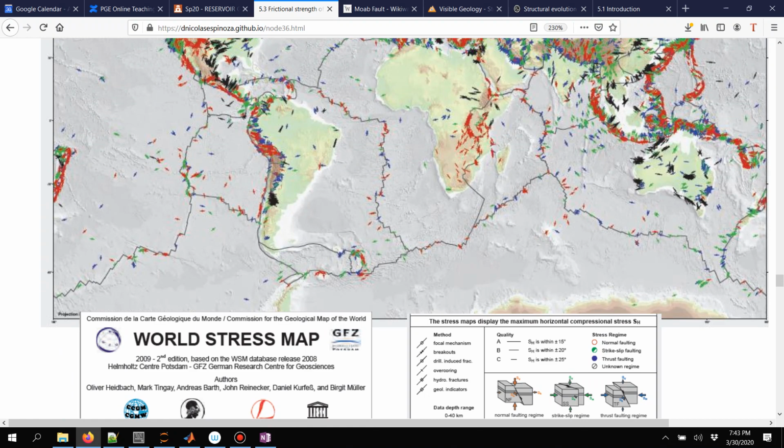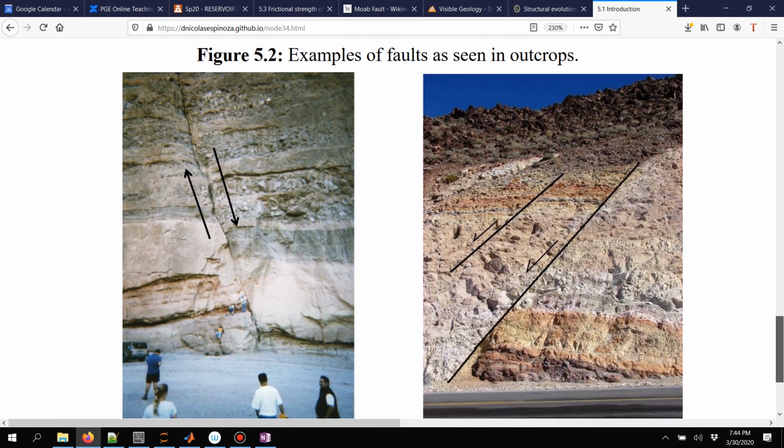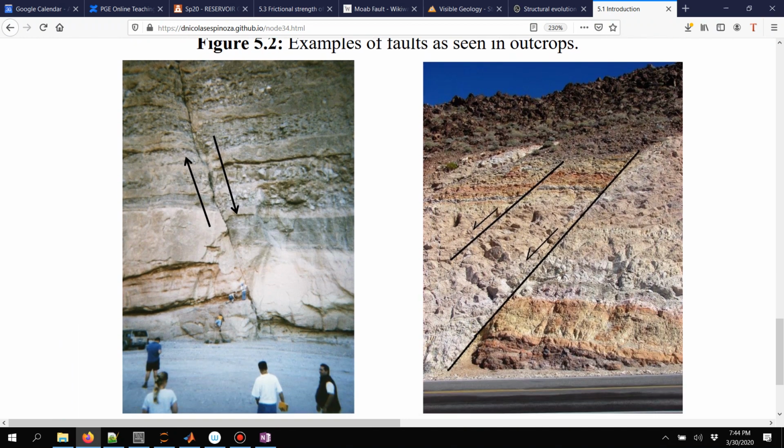All right, something very important that we should also remember is the concept of a paleo stress. Now that we know how faults form and how they are affected by the orientation of stresses, we may be tempted to use that information in order to tell what the current stress regime is at a particular location. For example, if I look at this fault right here, what would you say the type of fault it is?